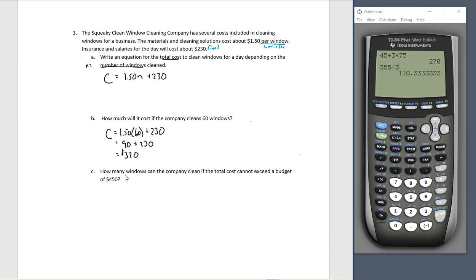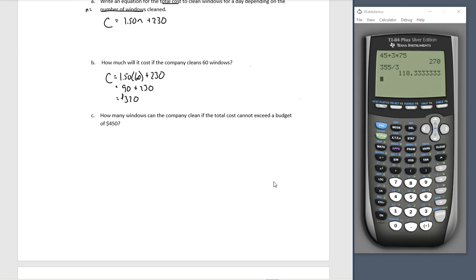All right. So how many windows can the company clean if the total cost cannot exceed a budget of $450? All right, we can't go over. So if we have $450 for the cost, we want to find the number of windows that we can clean.